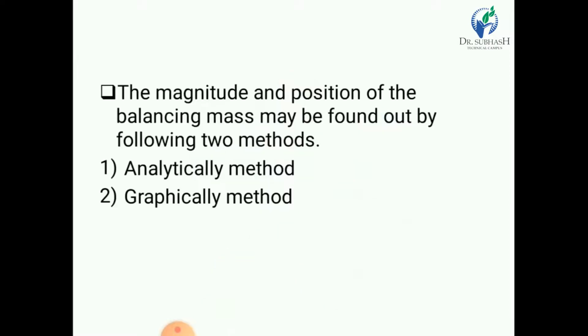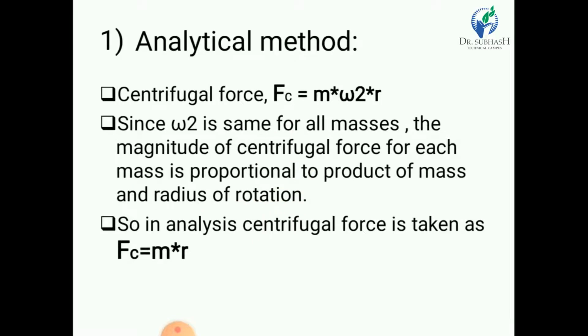We can balance the system by two methods. First is the analytical method and second is the graphical method. Let us discuss the analytical method first. We know that centrifugal force is m omega square r, where m is mass, omega is the angular speed of the shaft, and r is the distance of the mass from the neutral axis. Omega square is the same for all masses.